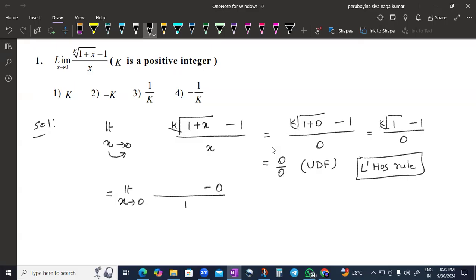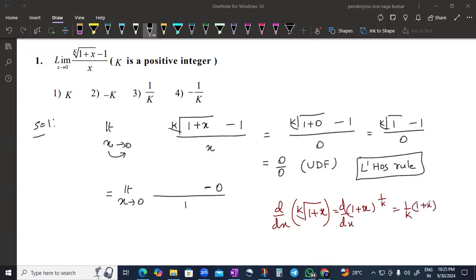And what is the derivative of kth root of 1 plus x? We will perform it separately. The kth root of 1 plus x can be written as 1 plus x whole power 1 by k, and its derivative d by dx is 1 by k into 1 plus x power 1 by k minus 1.